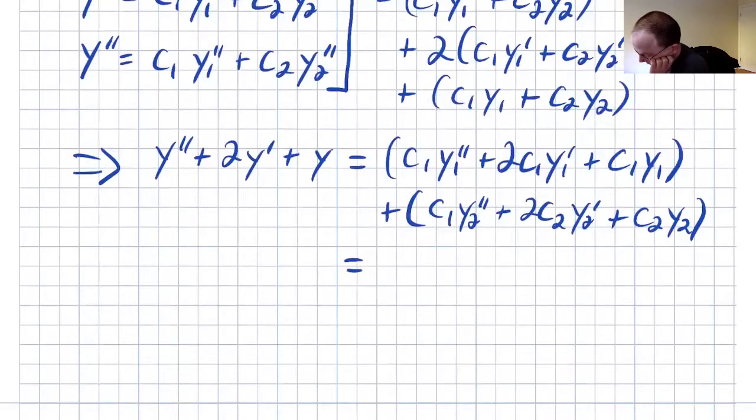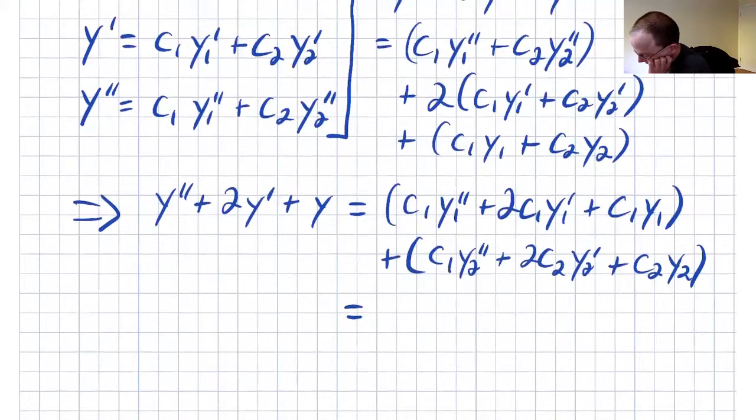I can factor out a c1. So there's a c1 here. I'll factor that out. So that'll come out there. And there's also, did I make a mistake? I think I did make a mistake. So here, it's supposed to be c2 y2 double prime. So that should be a 2. So now I can also factor a c2 out. So there's a c2, c2, c2, and I'll factor that out.